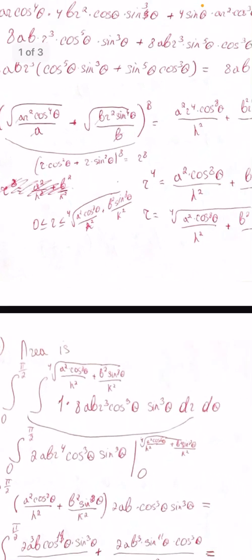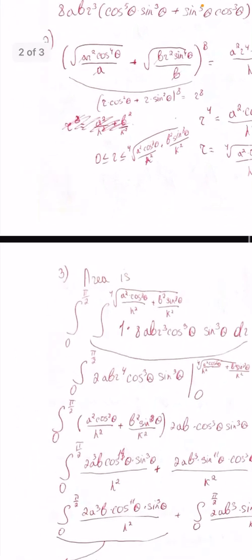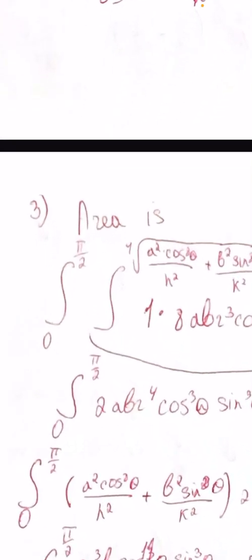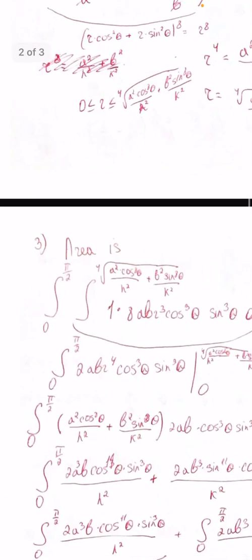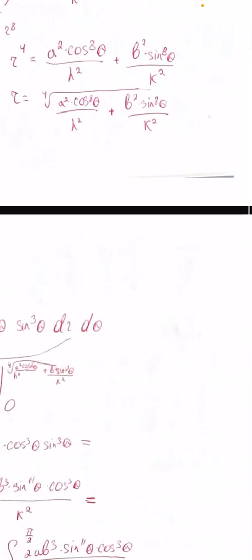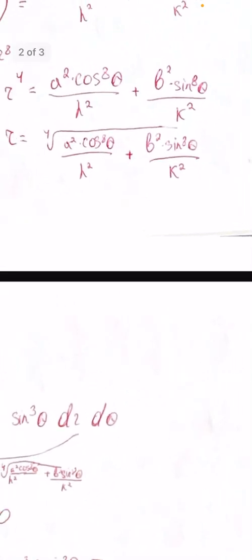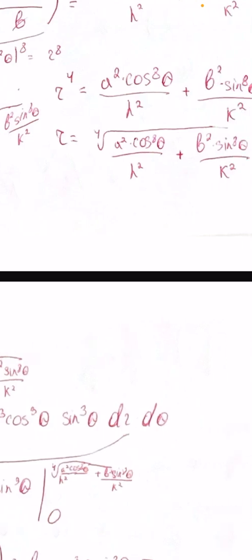Also, in order to find area, we need to find the first integral, from 0 to pi over 2. The pi over 2 is coming from this function, because the interval of our alpha is between 0 and pi over 2.